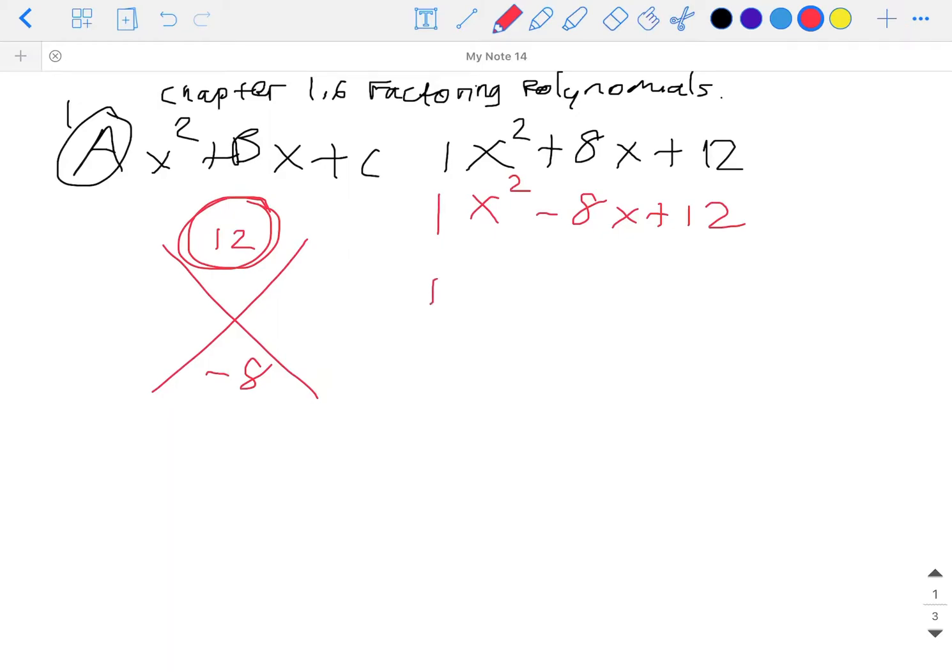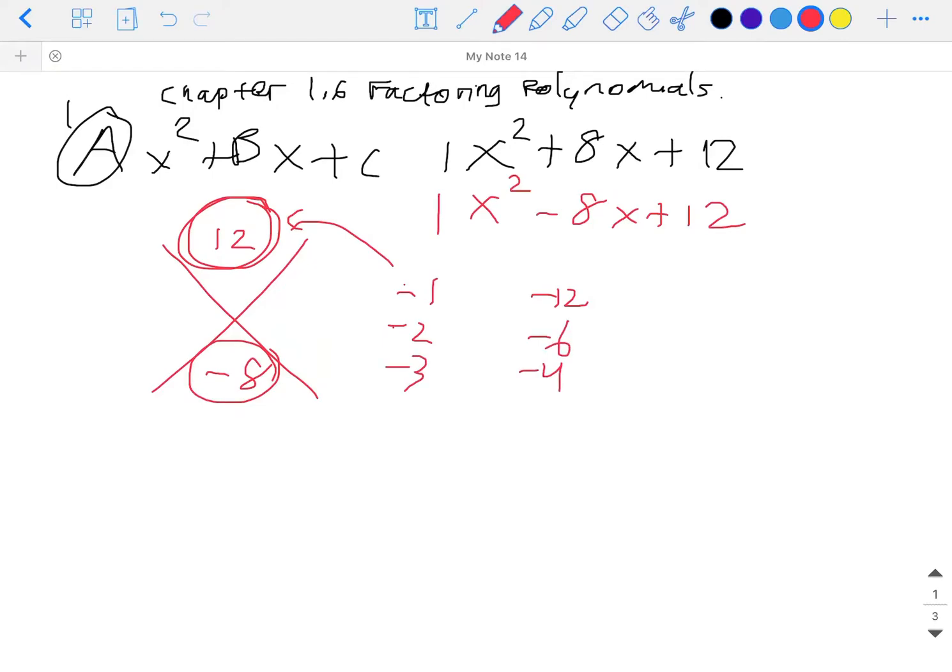So I'm going to lay out the factors, 1 times 12, and we can see that it's a positive result with a negative sum, so you want the 1 and 12 to both be negative. Because negative 1 times negative 12 is a positive 12, so that's okay to use, and we can do the same thing for the rest of them. So negative 2 times negative 6 and negative 3 times negative 4.